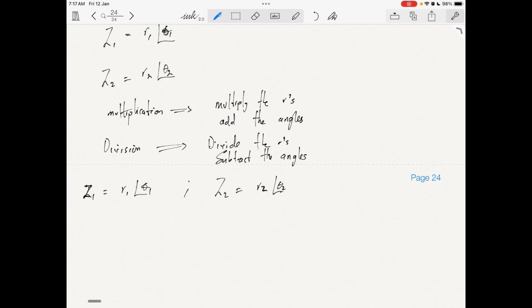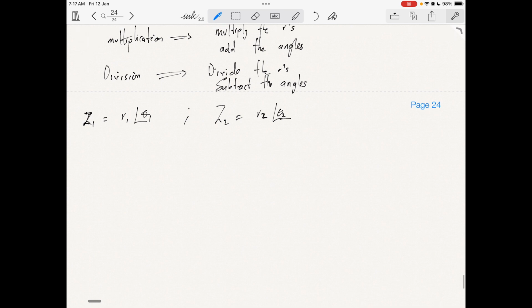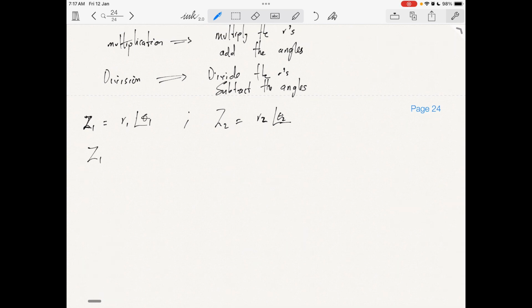So given that z1 is r1 argument theta 1 and z2 is r2 argument theta 2, say we want to evaluate z1 z2. Since we're in polar form, all we have to do is multiply the r's. That means r1 multiplied by r2, and add the angles, theta 1 plus theta 2.